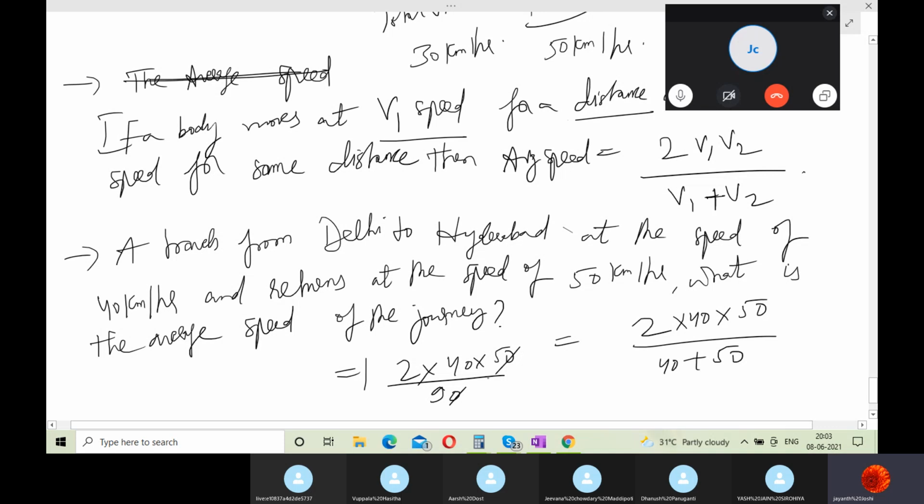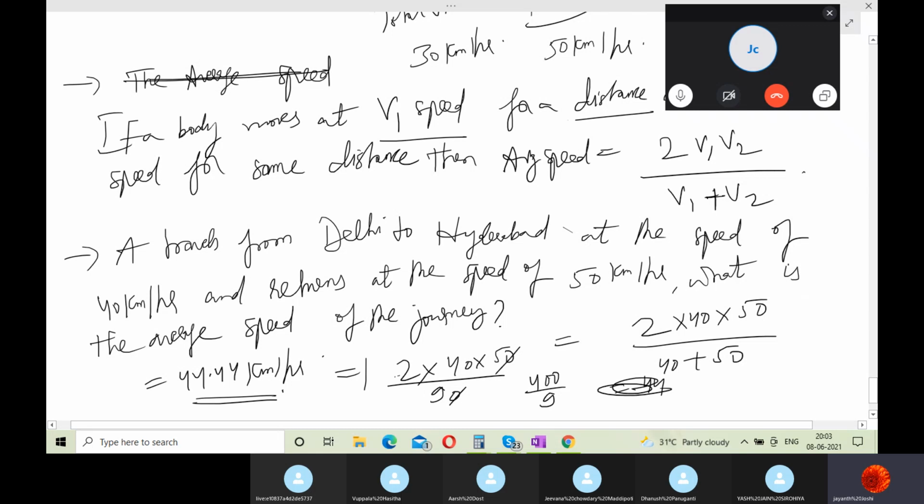No, the answer is 44.4 kilometer per hour. See, 2 fours are 8, so 80 into 5 is 400. 400 by 9 is what? 44.44.